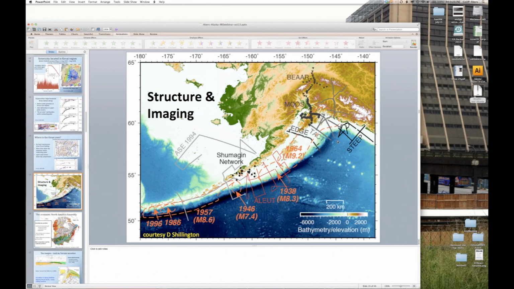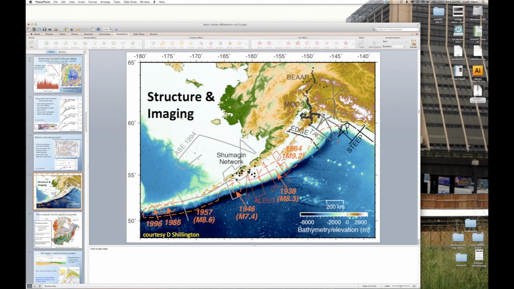One of the things that we're hoping to do next is to complete imaging of that end of the Alaska slab with more of these dense arrays, to look at exactly this question: what is that slab geometry, and then use that slab geometry to help us better understand the flow fields that we're inferring from anisotropy. So that's a good question.